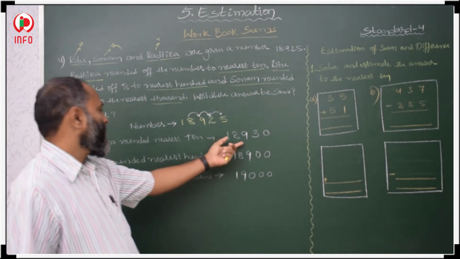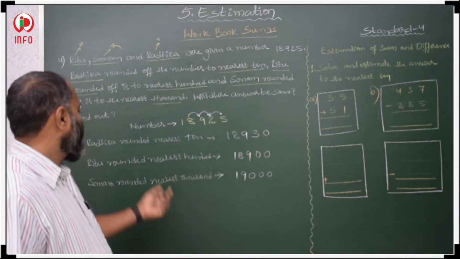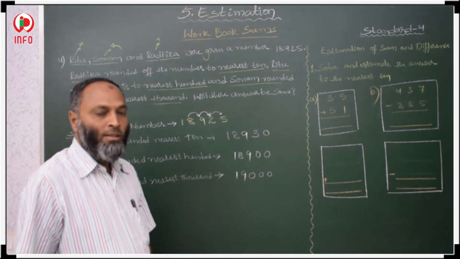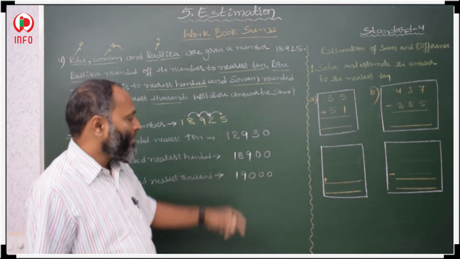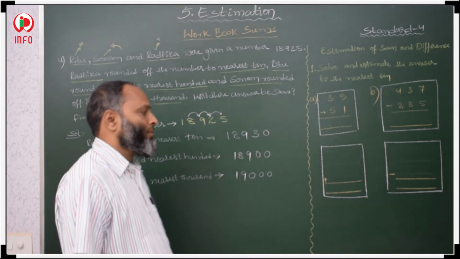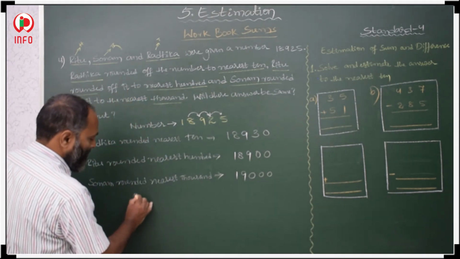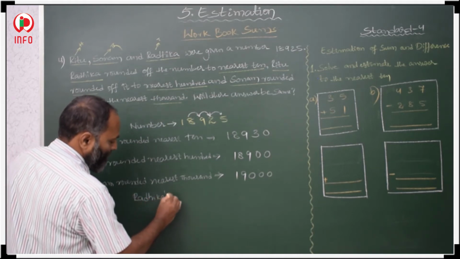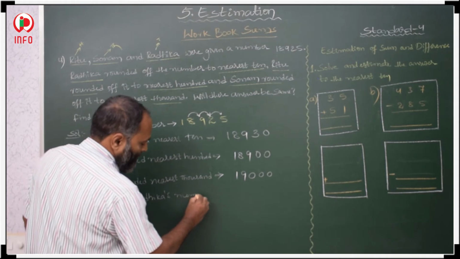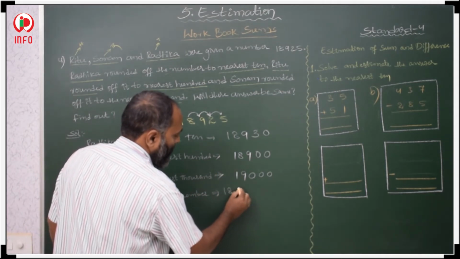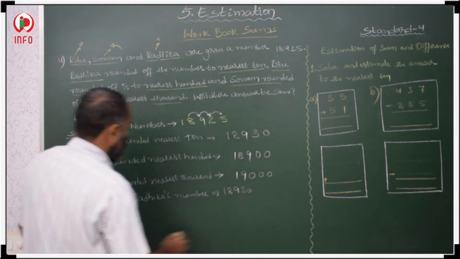So this is Radhika's number, this is Ritu's number, this is Sonam's number. So all these three numbers are not same. They are different numbers. Radhika's number is 18,930.